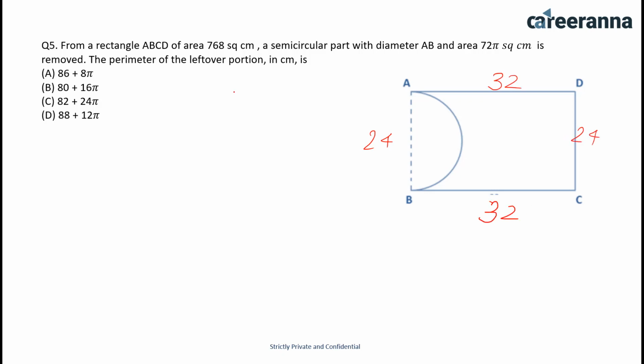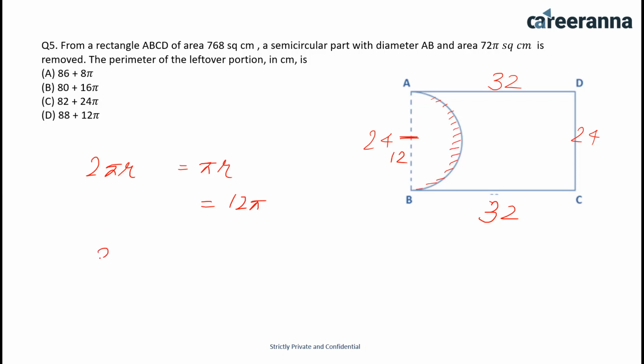Now the perimeter of the leftover portion is nothing but this is pi r. Perimeter of whole circle is 2 pi r, so perimeter of semicircle is nothing but pi r. Now r for this case is 12. This is nothing but 12 pi.